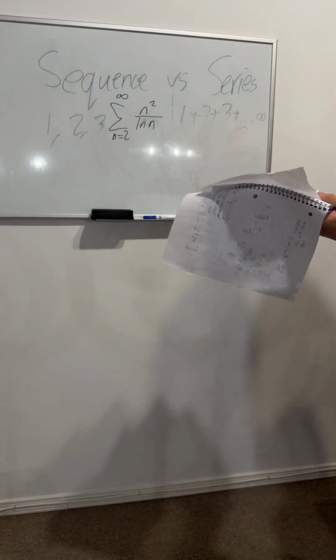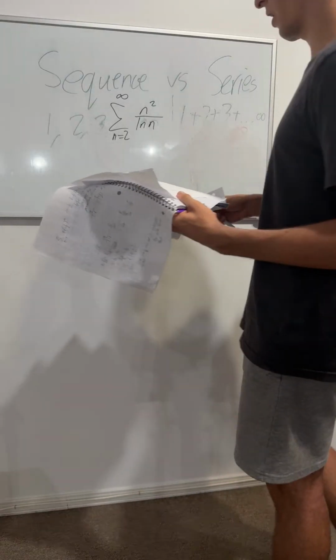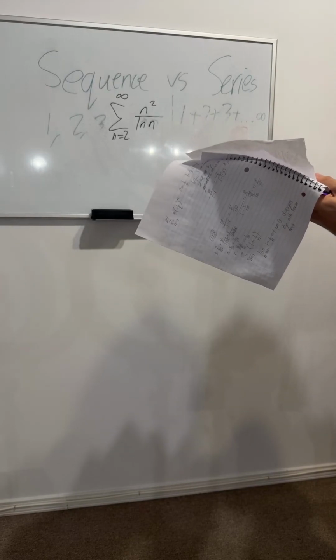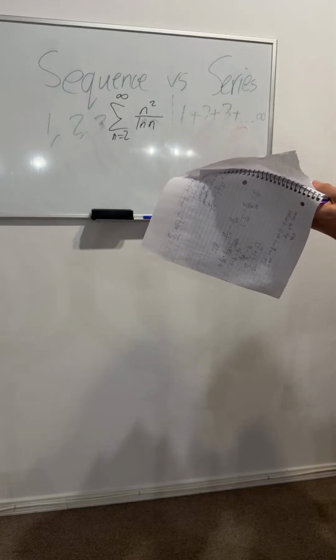Whenever you see logs, it's not a happy day. Natural logs and logs make things a lot more complicated. But it's not too complicated if you think about it, right?